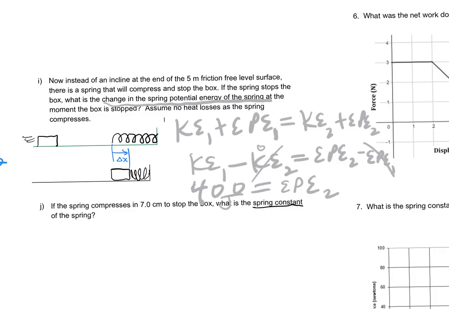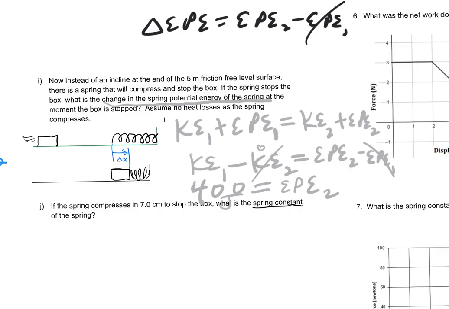Now I'm asking for the change in spring potential energy. So the change in EPE is EPE2 minus EPE1. Well, I know EPE1 is 0 because the spring is not squashed. So there's my answer. The change in EPE is equal to 400 joules, minus 0, so 400 joules.